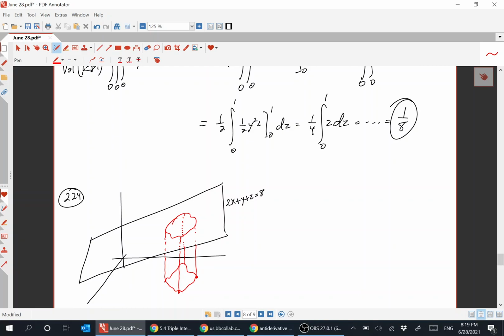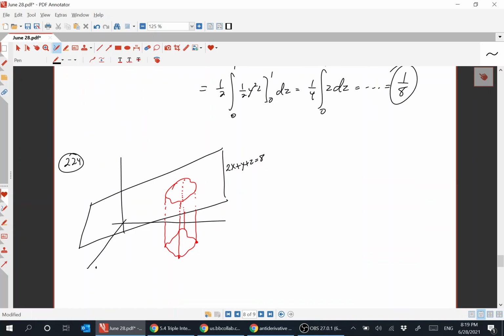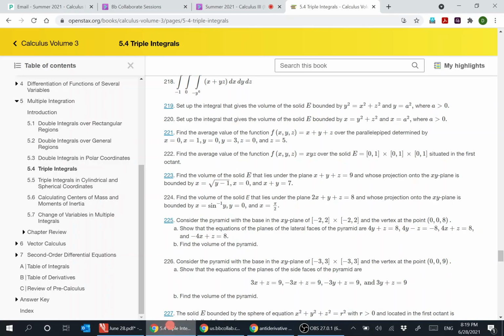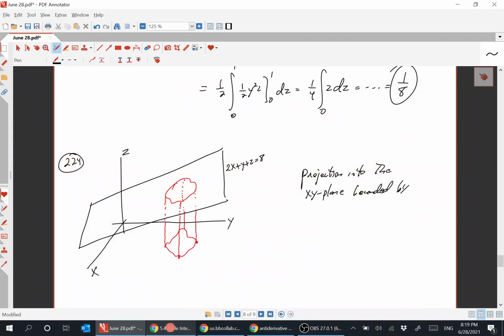All right, and the projection down here in the xy plane is as follows. The projection into the xy plane is bounded by, and they have this nasty arc sine thing going on here. So x is sine inverse of y.